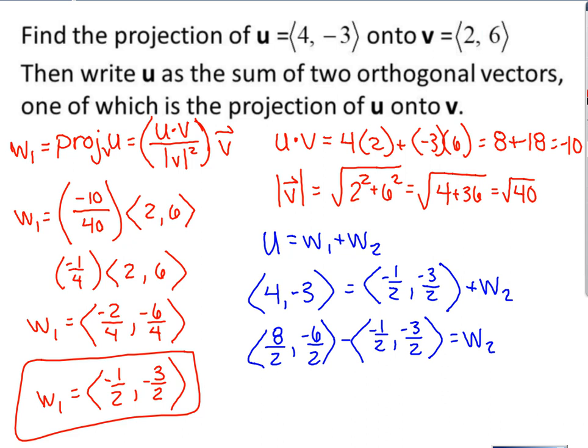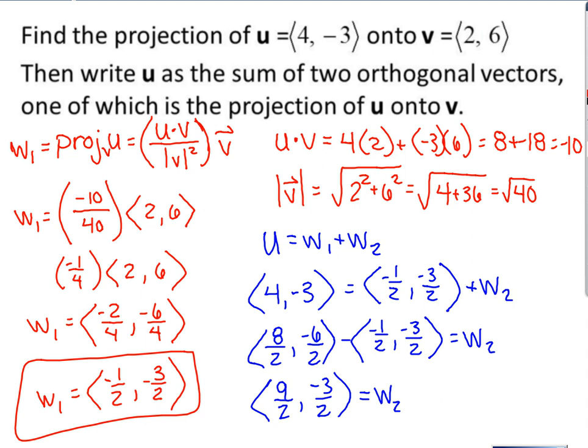Eight minus negative 1, that minus negative turns to plus positive, so this gives us 9 over 2. Negative 6 minus negative 3, negative 6 plus 3 gives us negative 3, is equal to our w2.